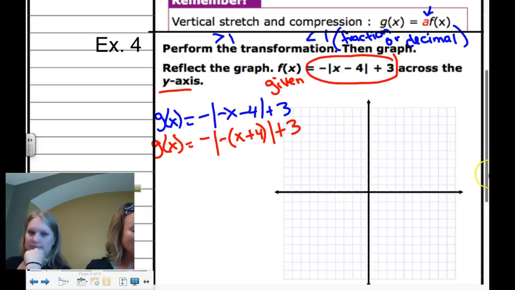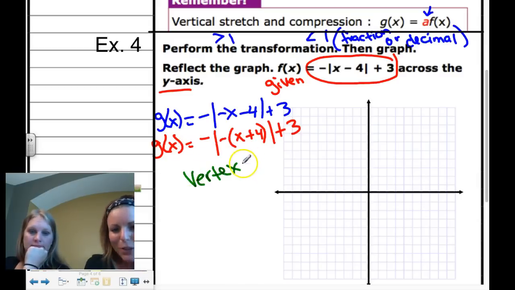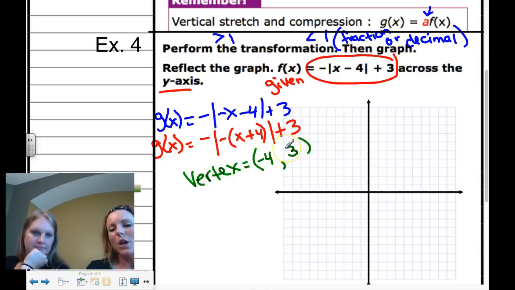The vertex of the transform function is now going to be negative 4, 3. Whereas looking at the blue function, we would have written 4. But it really is positive because of the negative here.